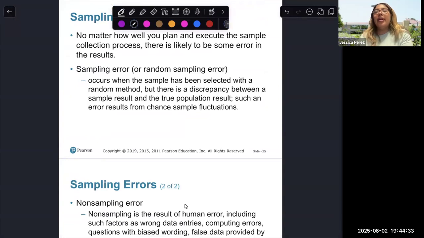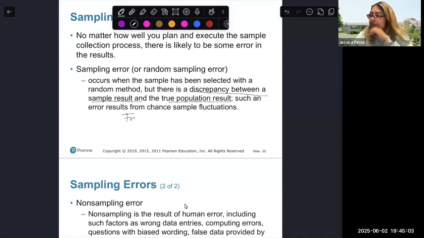This occurs when the sample has been selected by a random method, but there's some discrepancy between the sample result and the true population result. So remember, even though we're using a sample as a sub-collection to evaluate the big picture, at the end of the day we truly don't know what the true population result is, because we're always basing ourselves on a sample.